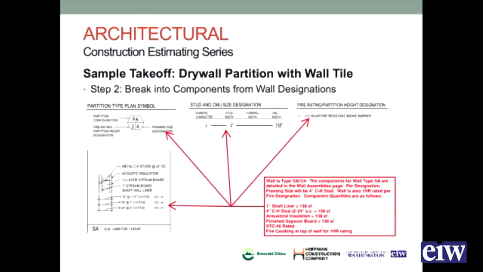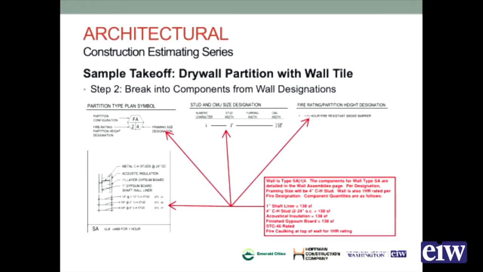So now we can look at our type SA flooring system and know that we have a 1-inch shaft liner. We've got a 4-inch CH stud at 24 inches on center. We've got acoustical insulation. We've got a finished gypboard layer. And we are STC 46 rated, which means we're going to have to put some acoustical sealants on the wall.